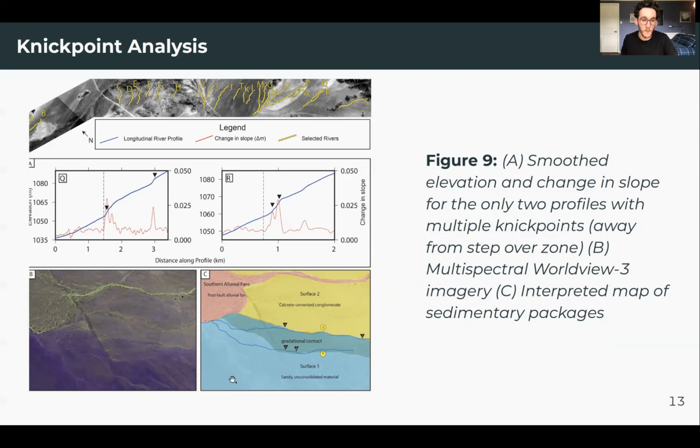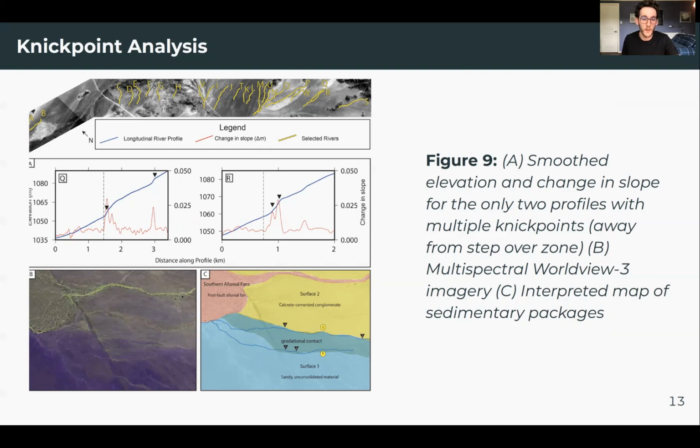You can see that both of these streams are sitting within this gradation of contact from a dark purple to a lighter purple. My thinking is that we're going from this dark purple, which is unconsolidated sediments, to this lighter purple, which has some calcrete cement between the conglomerates.